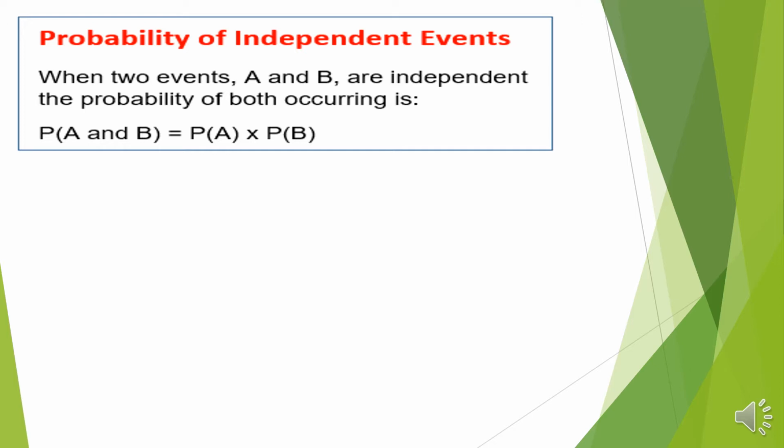If you're sure this rule applies, then we can say the two events are independent. So if probability of A and B, or probability of A intersection B, equals probability of A times probability of B, then we can say the two events are independent.